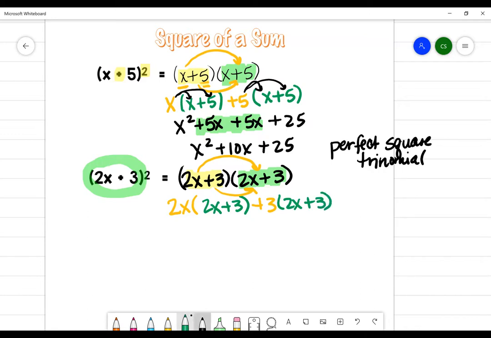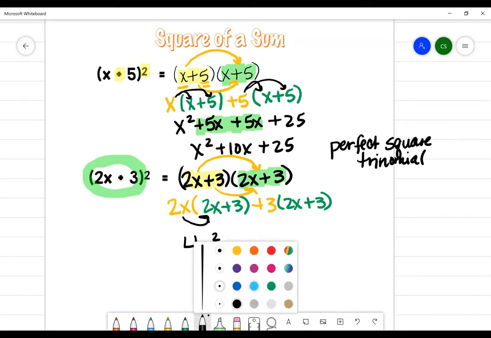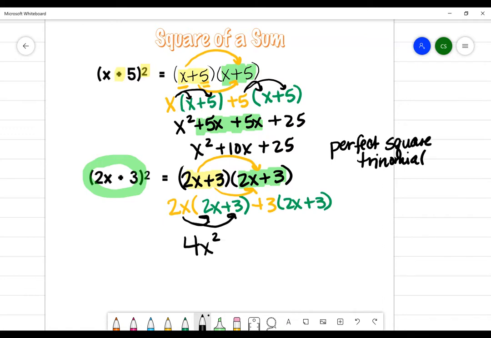Now I just multiply. Distributing, of course, 2x times 2x. Remember, multiply the coefficients, add the exponents. How many x's do I have? 2x times 3. Multiply the coefficients. How many x's do I have? Do it again.